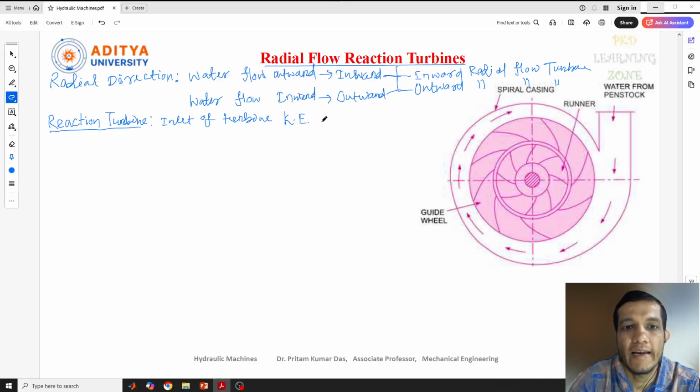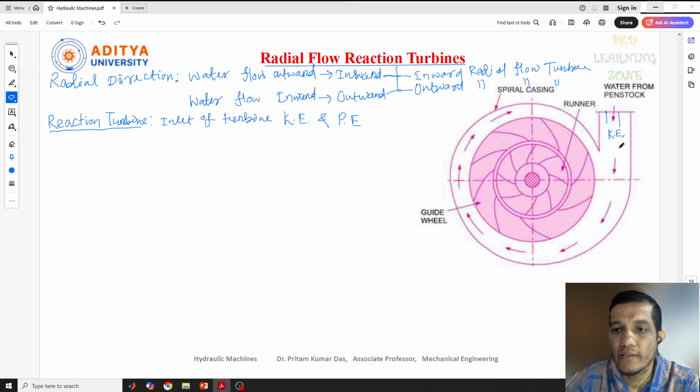But in the impulse turbine, it is only kinetic energy that strikes the turbine blades. Here in the reaction turbine, when the water comes through these penstocks to this turbine, it has both kinetic energy and pressure energy in the liquid flowing through. And that turbine is called a reaction turbine.